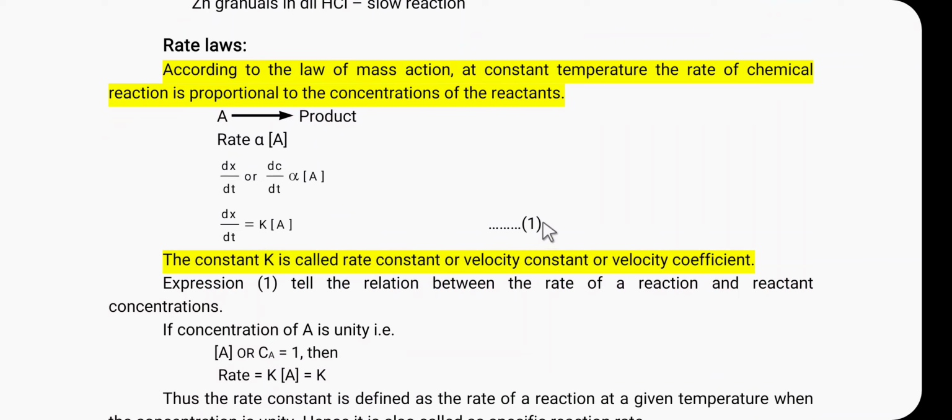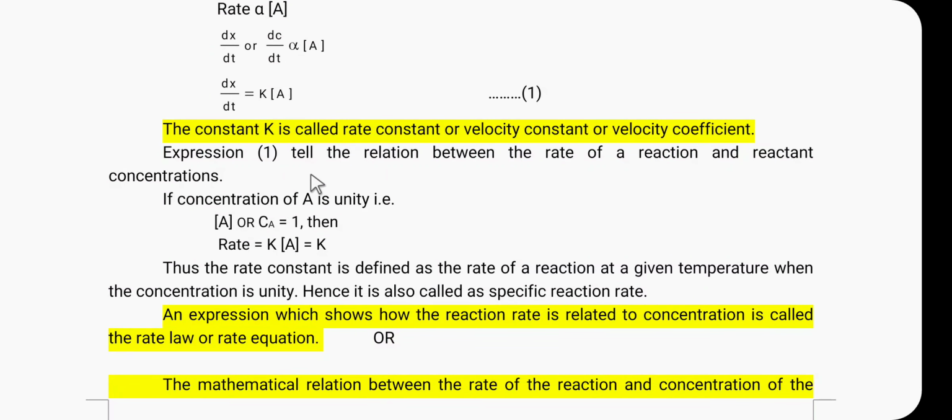So, dx by dt is equal to k into the concentration of A. This is equation number 1, and in equation number 1 the constant k is very important in chemical kinetics, and it is called the rate constant or velocity constant or velocity coefficient. Expression 1 tells the relation between the rate of reaction and the reactant concentration. If the concentration of A, Ca, is equal to 1, then rate is equal to k.